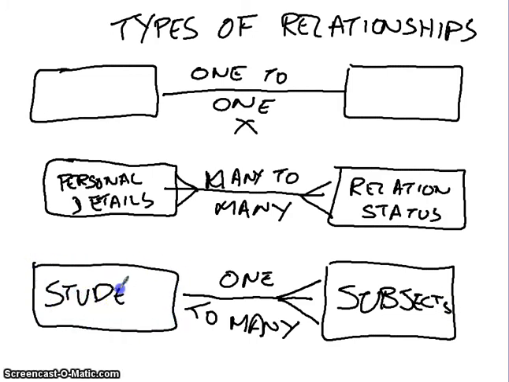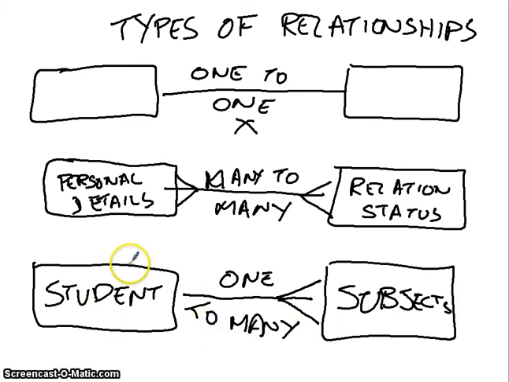One student can have many subjects. One subject can also be taken by many students. So we've got a bit of a problem there, but I'm trying to keep it simple. So one student can have many subjects.